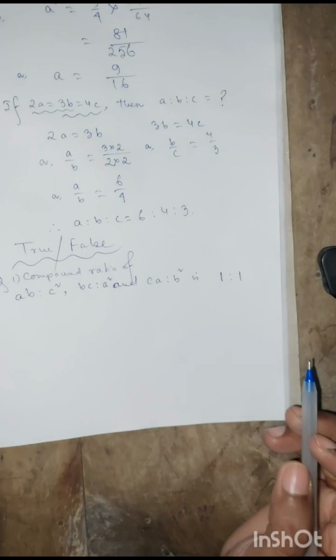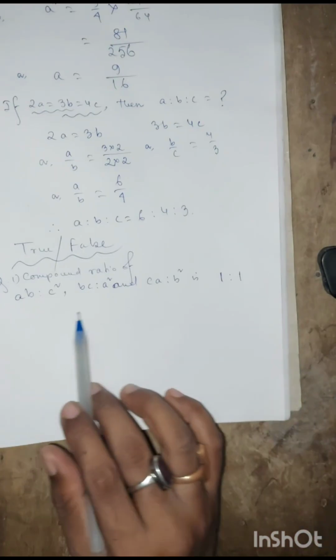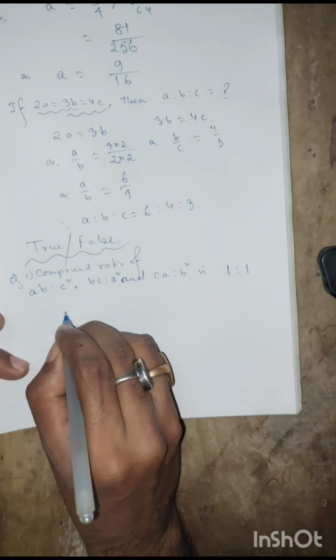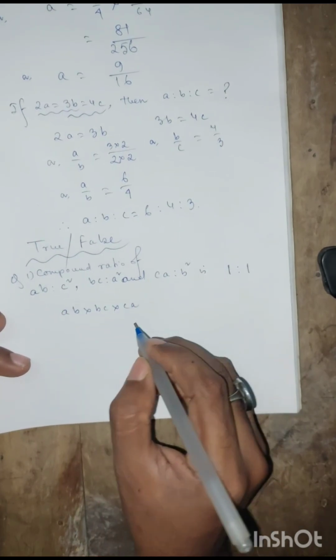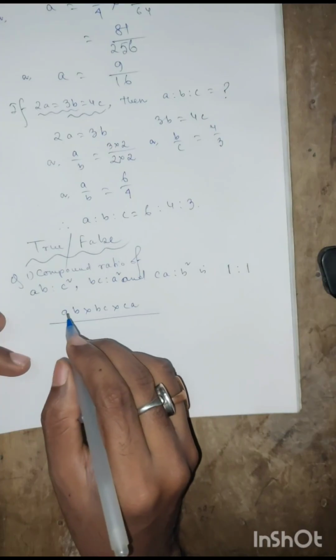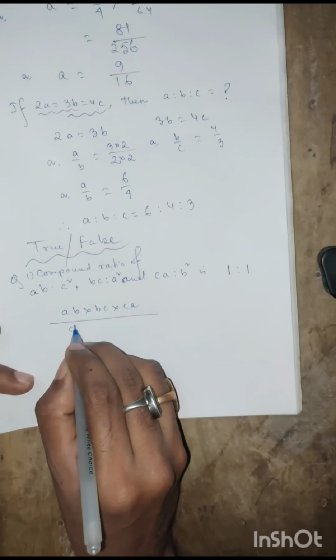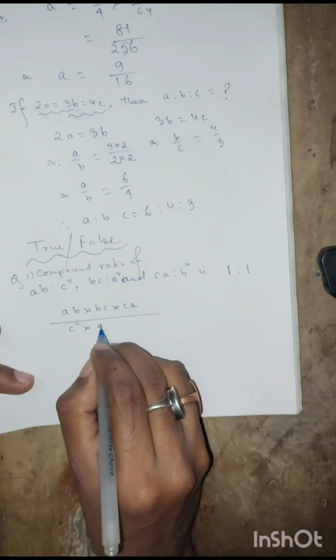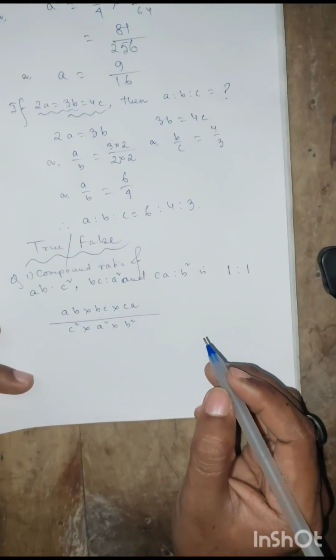Let us check. To find the compound ratio, we need to multiply the first terms first. AB into BC into CA by, now we need to multiply the second terms, say C square into A square into B square.